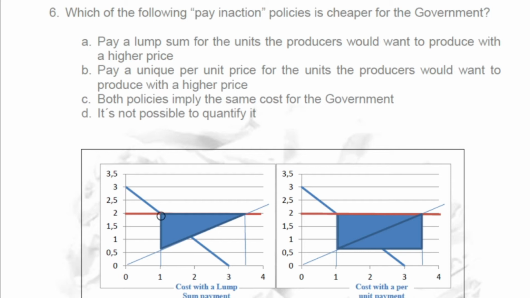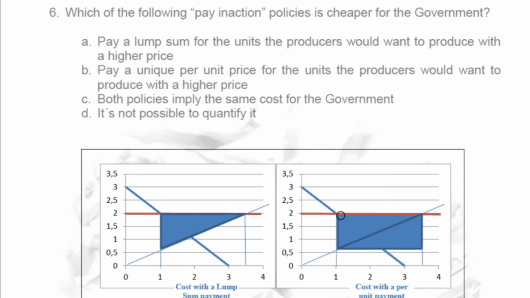If the government pays them this money in euros or in monetary units, they wouldn't produce these units. Why? Because the money they would earn, they receive from government. They don't have any incentive for producing it, okay?